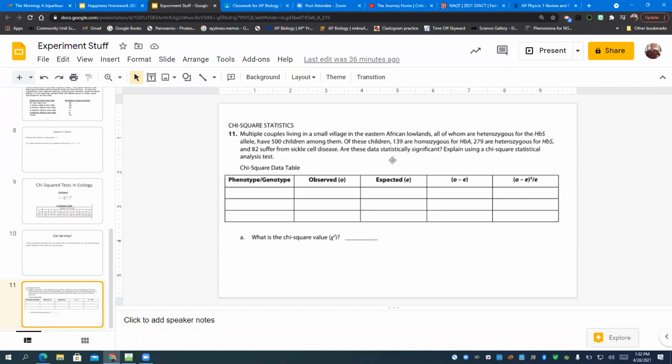The FRQ today is a relatively short one.